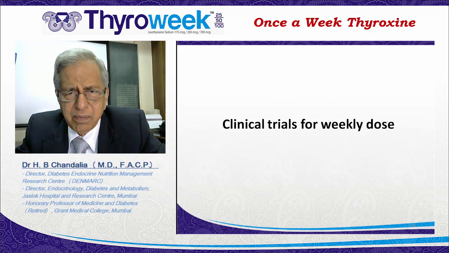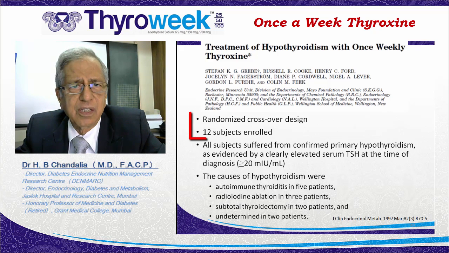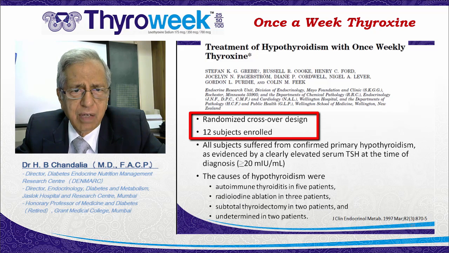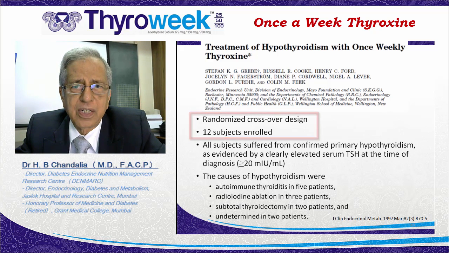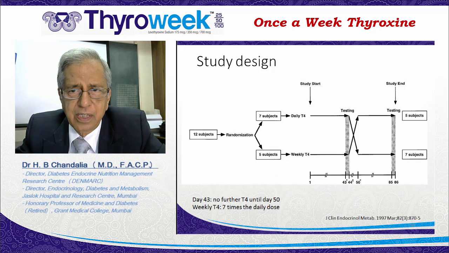Now, let me describe for you two very good clinical trials with weekly doses. In this one, 12 subjects were enrolled, and it was a randomized crossover design where the weekly dose and daily dose were compared in these people.